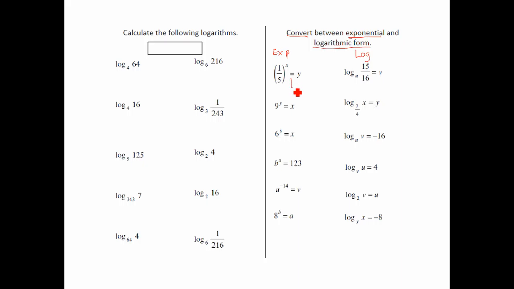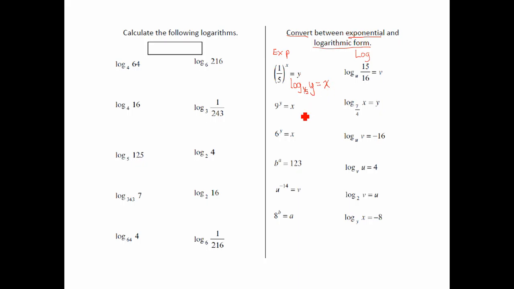Well, we would say this is a log with a base of, what's the base in this whole expression or equation? The base is 1/5. So we say I have a log base 1/5, and that value would be y, and it equals the exponent of x. So what exponent on 1/5 gives me a value of y?